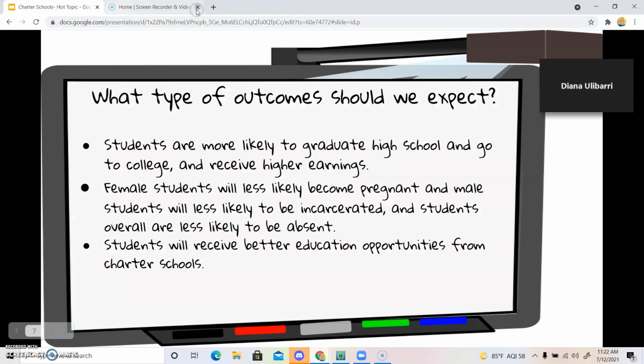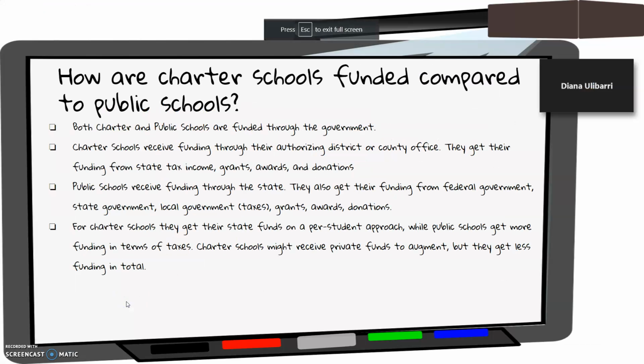How are charter schools funded compared to public schools? Both charter and public schools are funded through the government. Charter schools receive funding through their authorizing district or county office. They get their funding from state tax income, grants, awards, and donations. Public schools receive funding through the state. They also get their funding from the federal government, state government, local government, taxes, grants, awards, and donations.